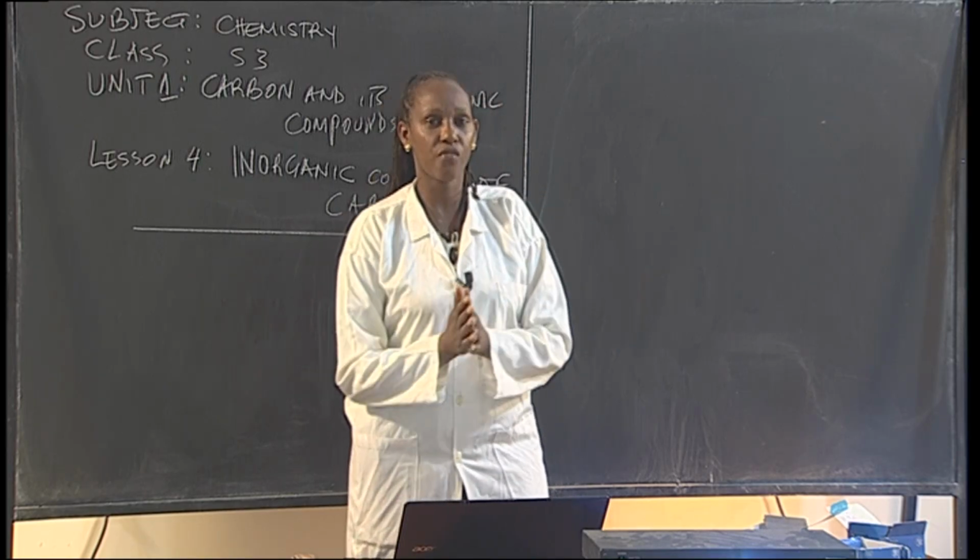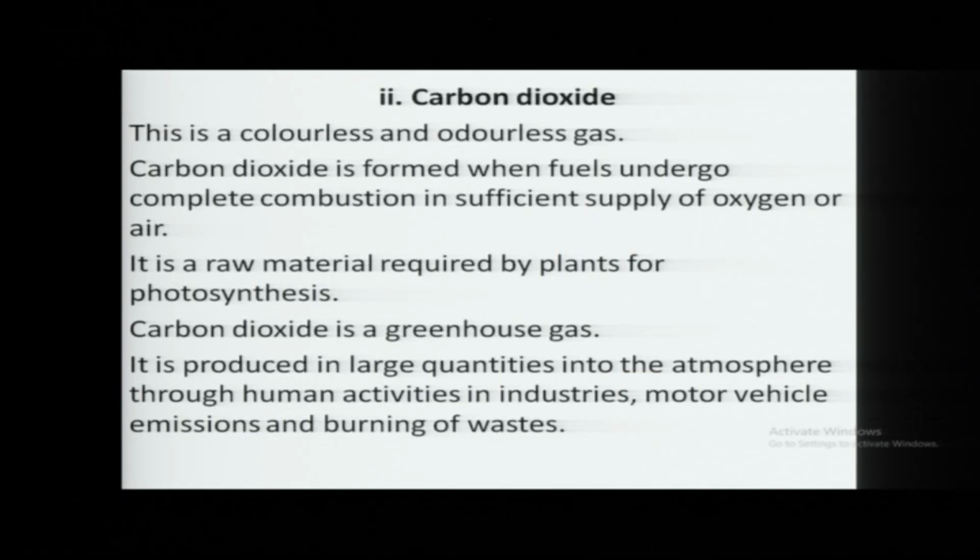Another oxide of carbon is carbon dioxide, all right? I said carbon has two kinds of oxides. There is carbon monoxide that we have discussed, which is formed when carbon reacts with limited oxygen. When carbon reacts with enough oxygen, we form carbon dioxide.